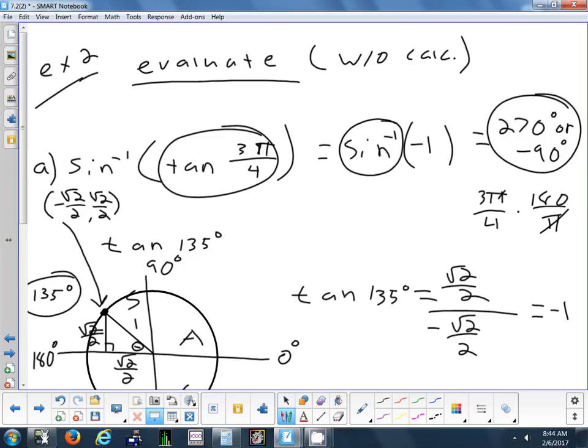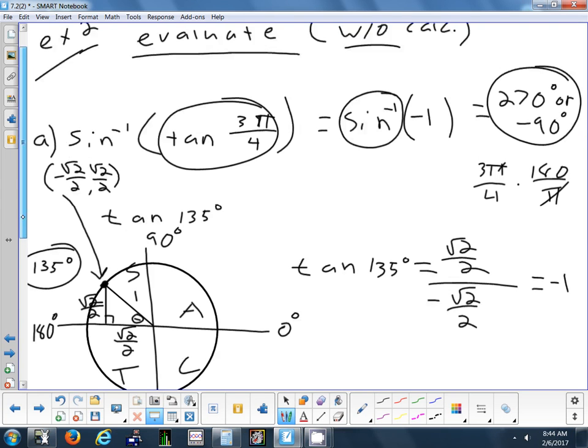You can't do that by hand. It's got to come out to a nice number, like a 1 or a -1, if you're going to do it without a calculator. How would I know you did it without a calculator? I would see that you had to draw this diagram to figure it out. But you can always double check your answer after by typing this in, and the calculator will give you -90.